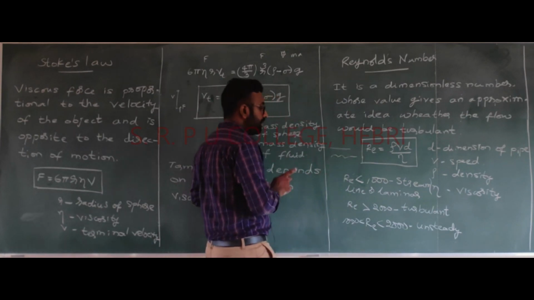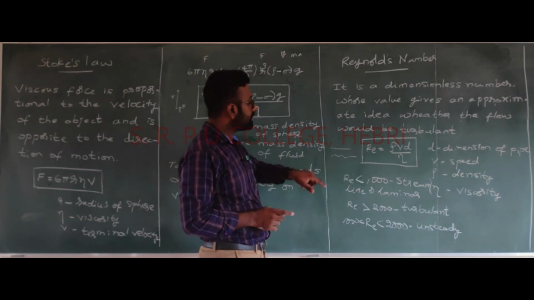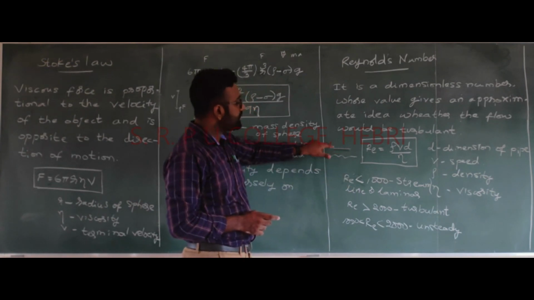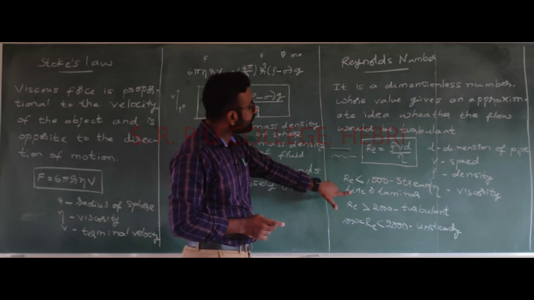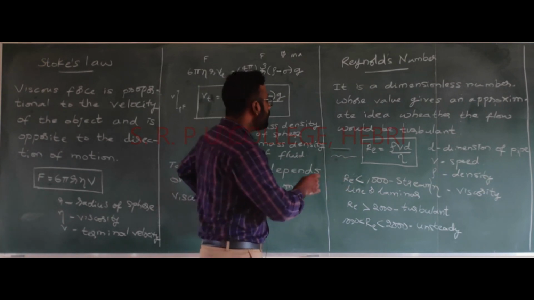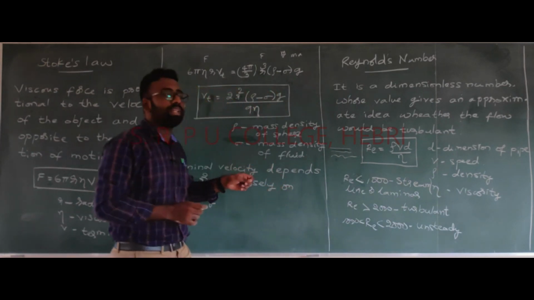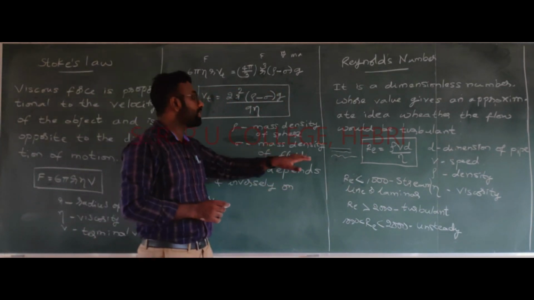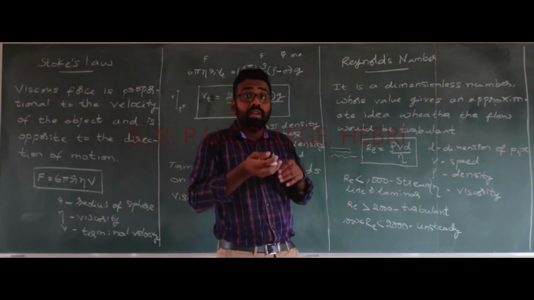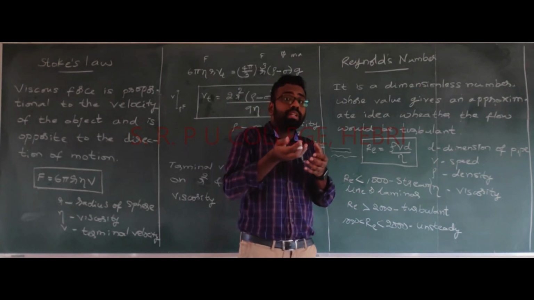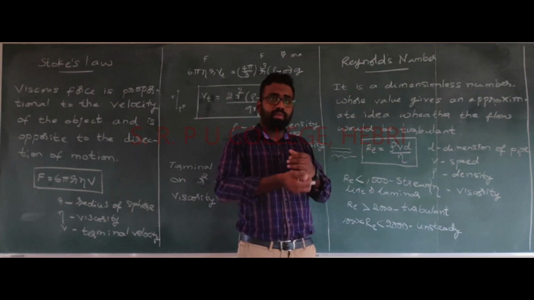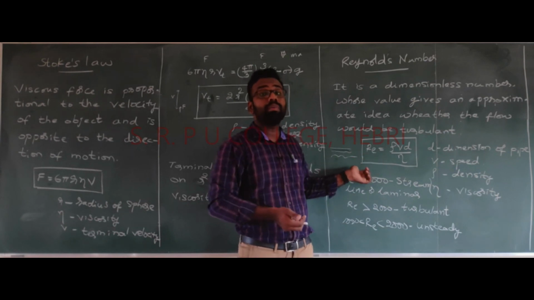See, if the value of Reynolds number is less than 1000, then the flow is streamline. If it is greater than 2000, it is turbulent. What about in between? In between, the flow is unsteady. That means if the value of Reynolds number decreases, it will become streamline. If the value increases, then it will become turbulent.